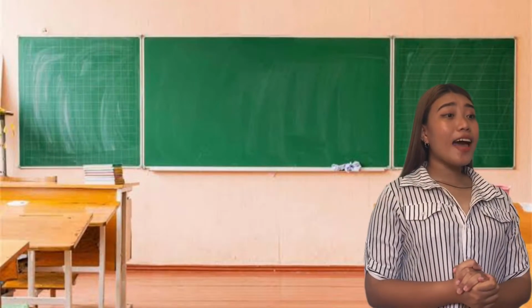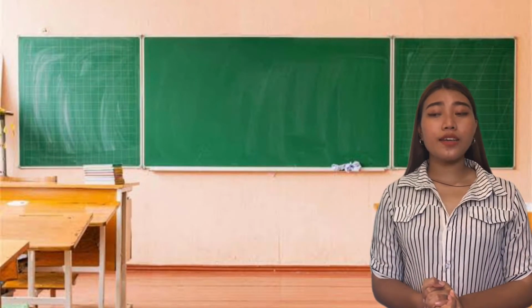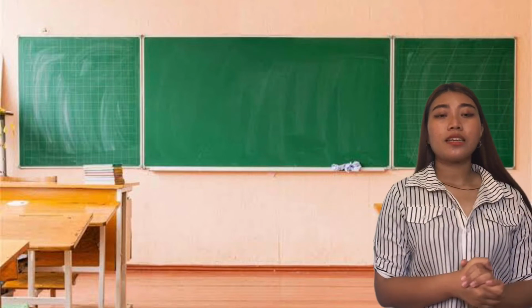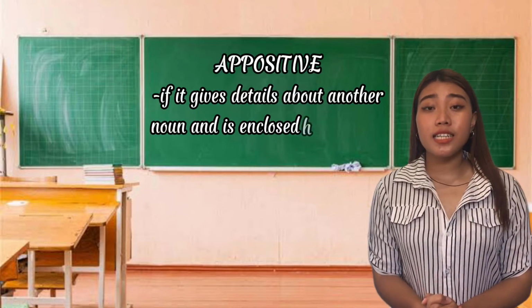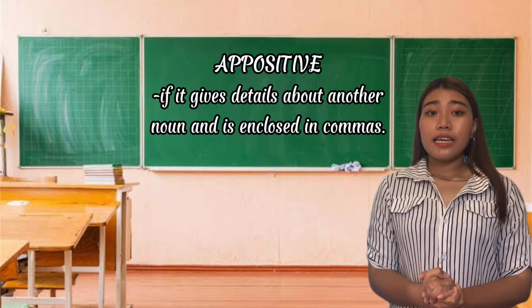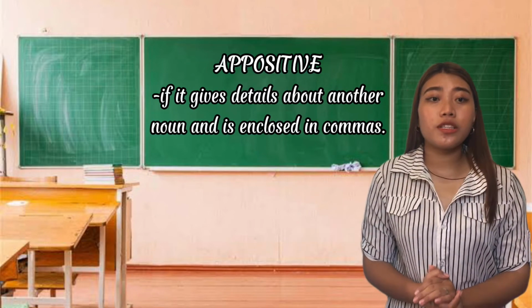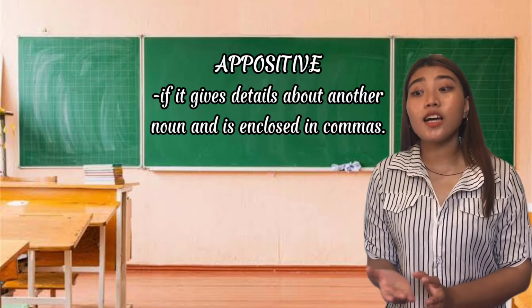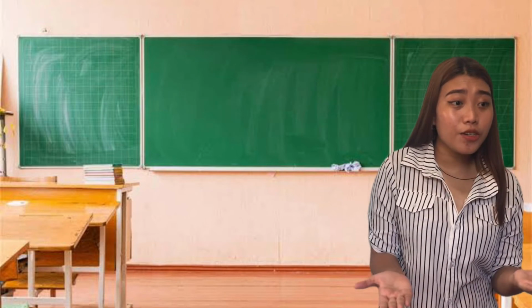Okay, class. Let's proceed to the next one, which is the appositive. A noun functions as an appositive if it gives details about another noun and it is enclosed in commas. Okay, understood?